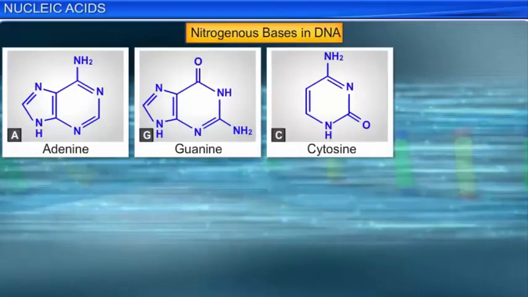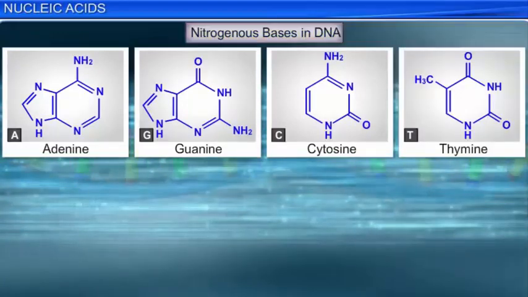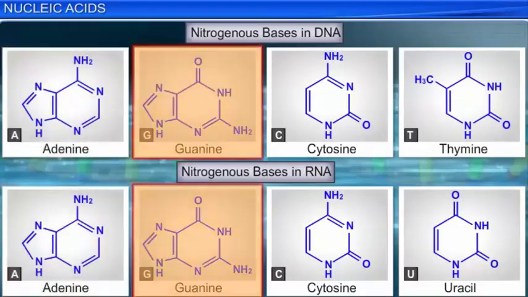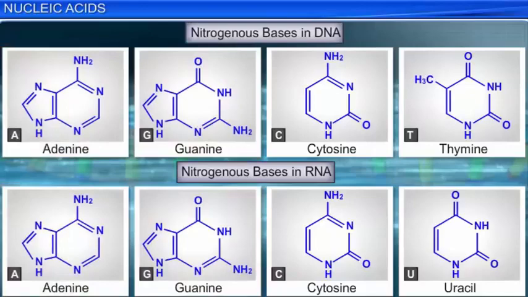There are also 4 bases in RNA. In RNA, the base uracil is substituted for thymine. Note the structural similarities between adenine and guanine and between cytosine, thymine, and uracil.